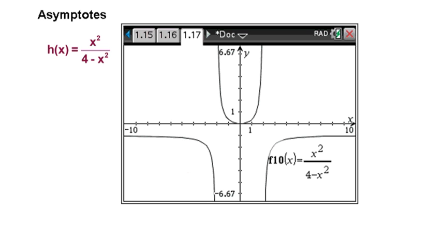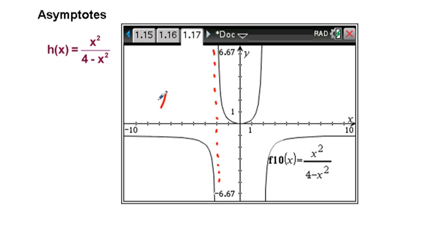So now we're going to look at asymptotes. We talked earlier briefly about asymptotes when we were doing an example of increasing and decreasing. But this function is not defined for x equals -2, nor is it defined for x equals 2. And so we can sketch and represent a vertical asymptote by this little dashed red line.